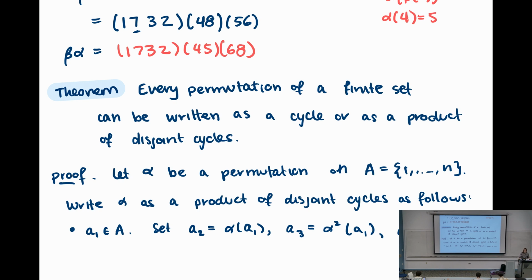We know that this sequence of powers of alpha applied to A1 has to be finite because the set A is finite.